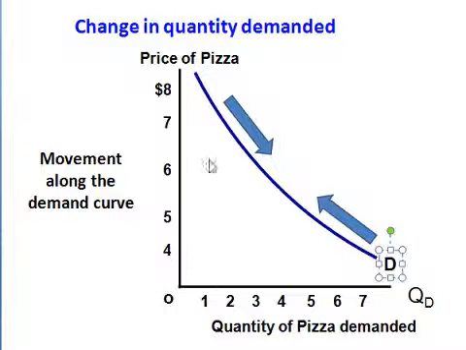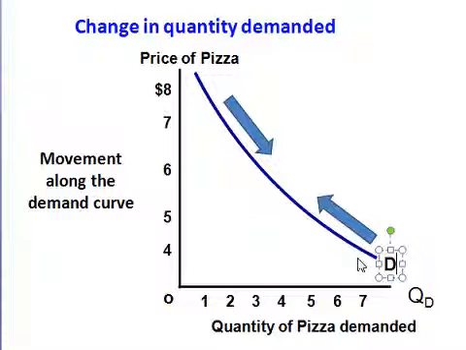From this demand curve, when the price goes up, quantity demanded goes down. But when the price of pizza drops, quantity demanded goes up. That is why the demand curve for pizza is downward sloping, and we also call it the law of demand.